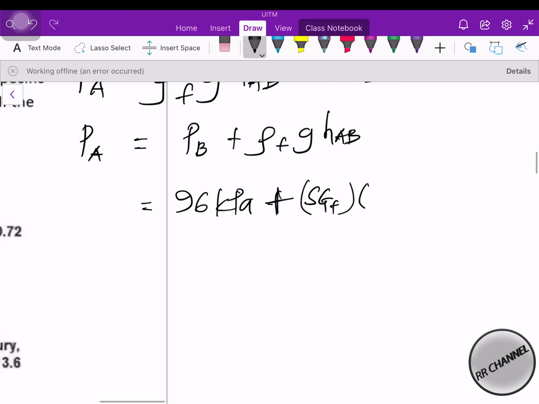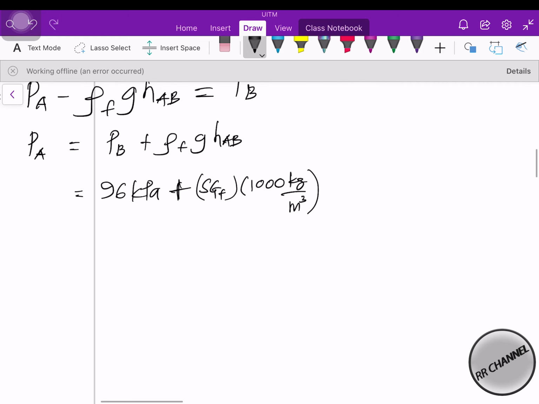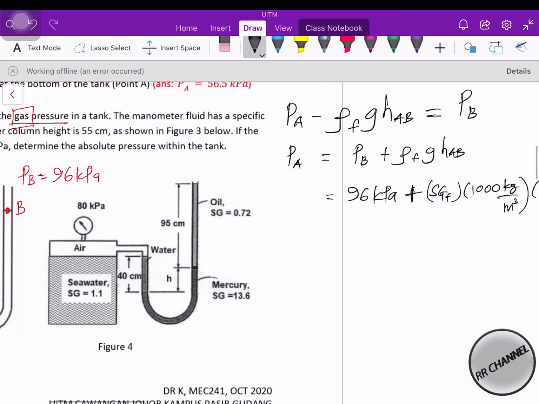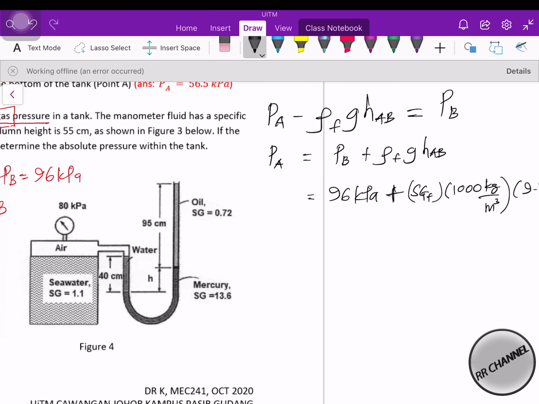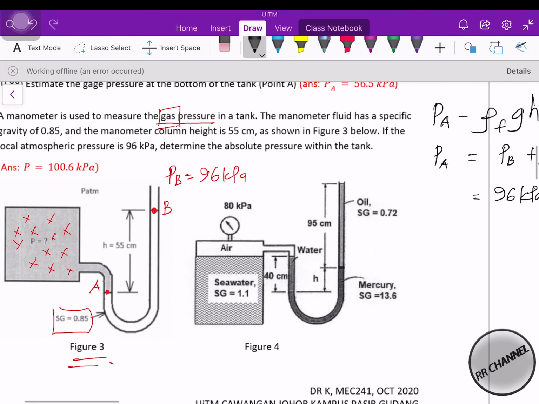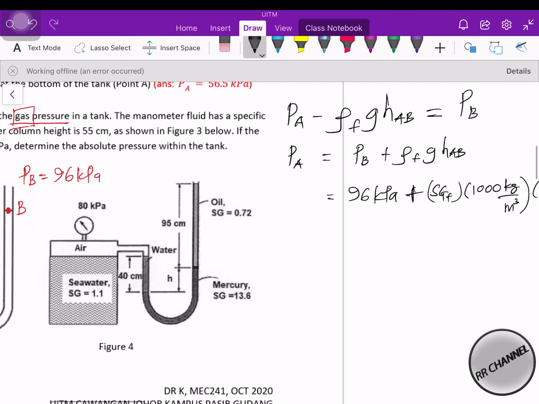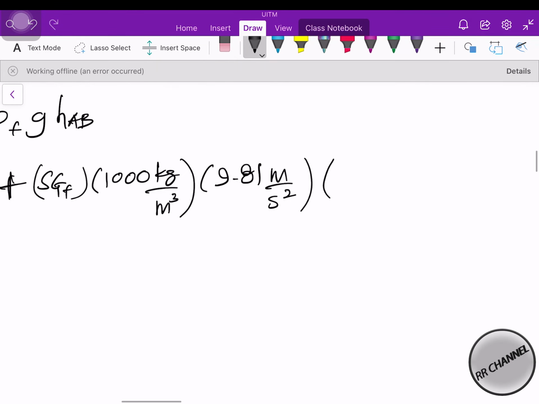Then you multiply with the density of water, and then multiply with G, 9.81 meter per second square, multiply with the distance between point A to point B. For point A, there is 55 centimeter, so you convert into meter: 55 times 10 to the power of minus 2 meter.